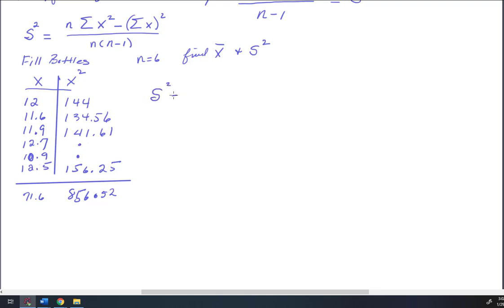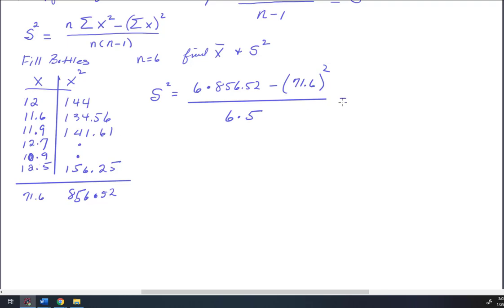an s squared that's equal to n, that would be a 6, times the sum of the x squared, that would be 856.52, so that would be a multiplication, minus the sum of the x's, which was 71.6, and then I'd have to square that, and that is over n times n minus 1. I'll write it as 6 times 5, but we know that would be 30.